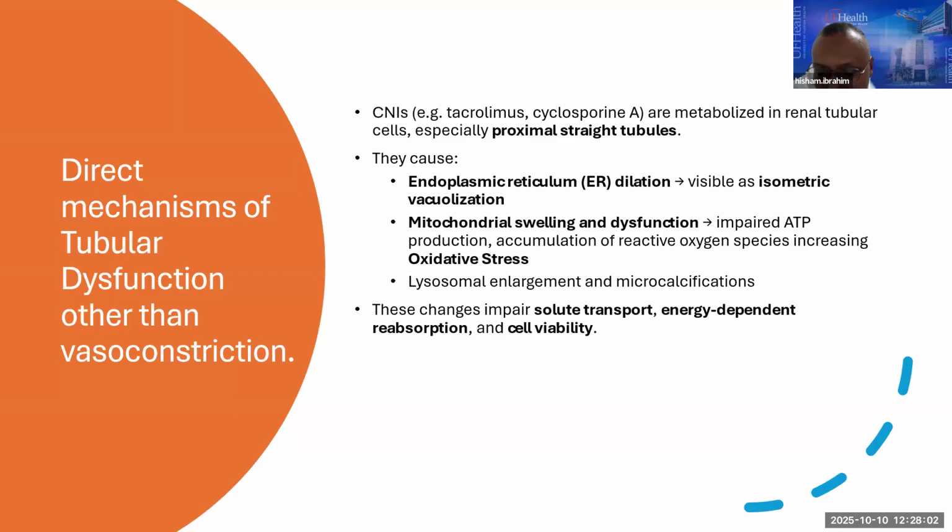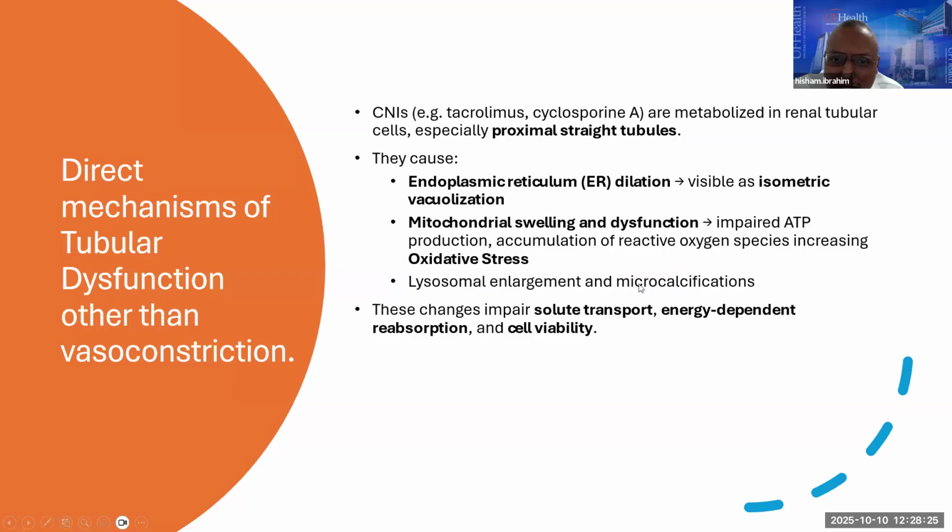These molecules are taken up into the tubules, and then into the lysosome, and those are the vacuoles that you see in the osmotic injury cases. In the cases of CNI toxicity, these are actually dilated endoplasmic reticula as opposed to lysosomes.